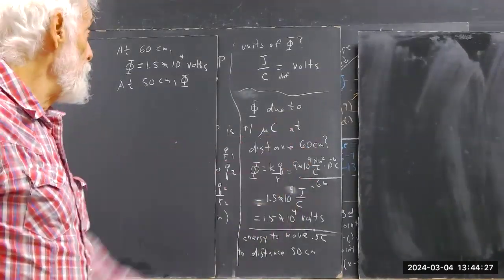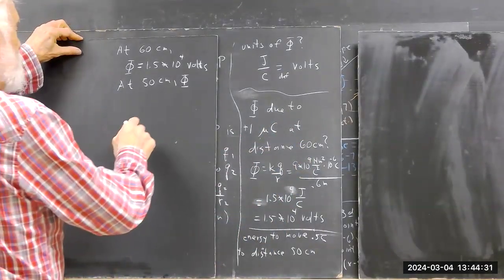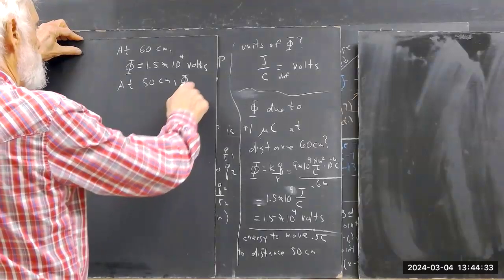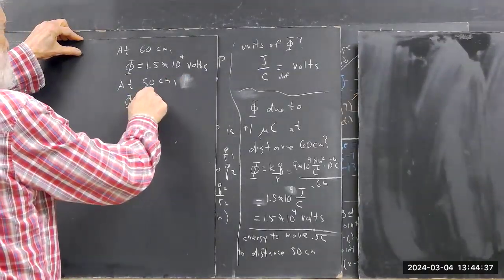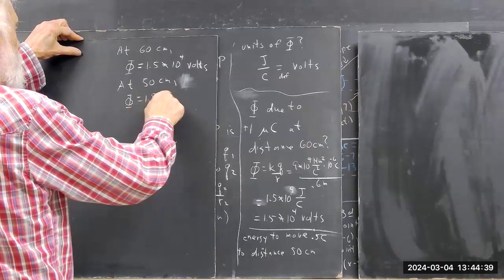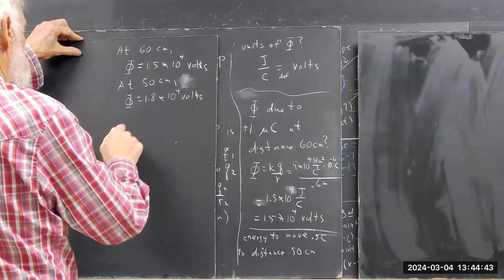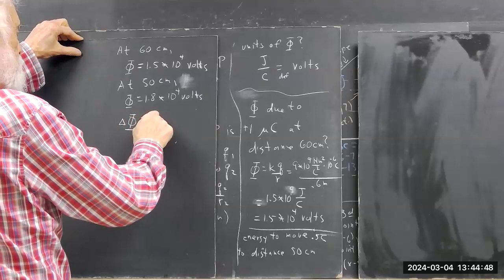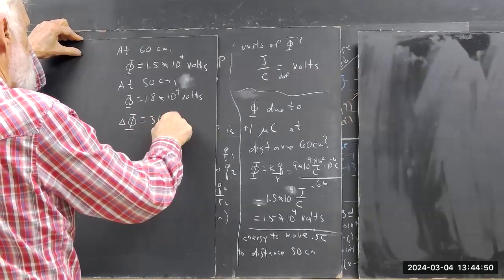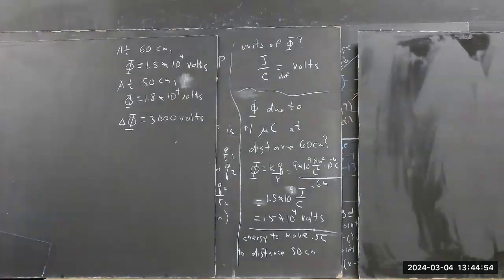And that's going to make the result 1.2 times greater. So 0.5. 3,000 volts.